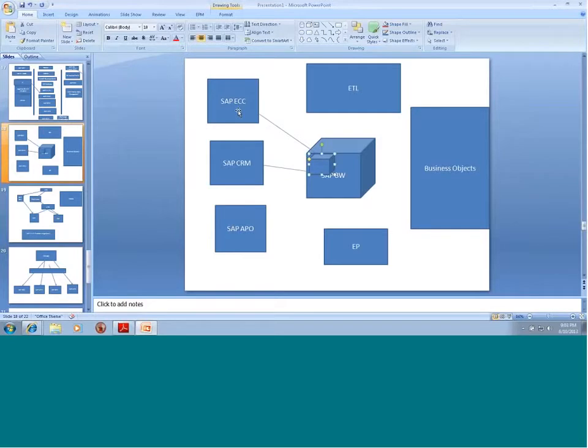We will also do hands-on experience on how to bring data from an FI system like AP, AR, GL. How do we bring that data into the BW system? Similarly, we will be looking at the SAP CRM system. So what is expected is, you have a good understanding of an SAP landscape, where each object resides in an SAP arena. That is the first thing.